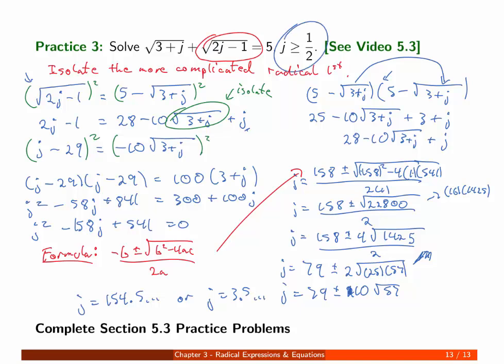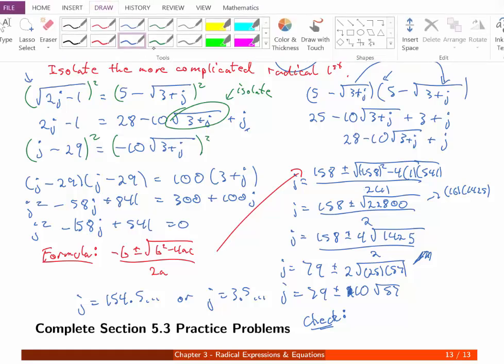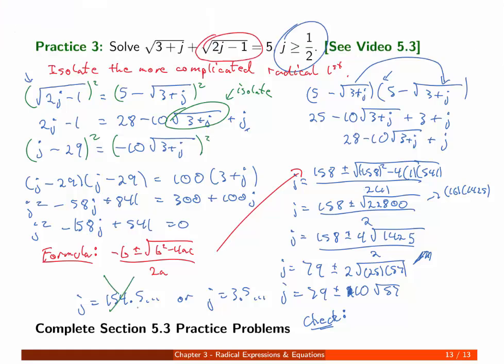Both satisfy this. And when you plug this in, so when you check it, and I'm running out of time here, you're going to realize that you're going to reject one of these guys, which will be this one right here. So your answer will actually be j equals 79 minus 10 root 57.